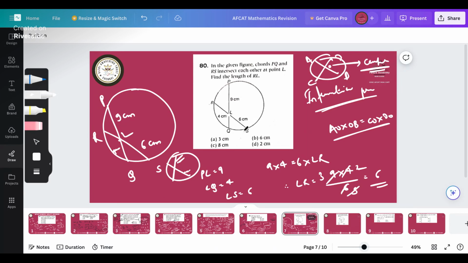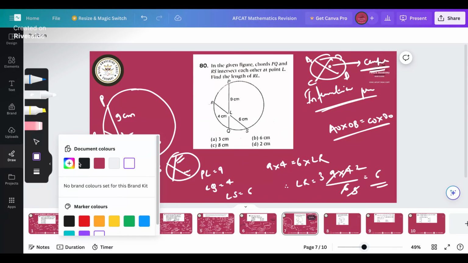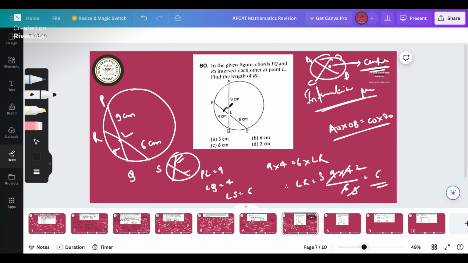And how exactly and from where exactly do we come across this kind of formula, this kind of conclusion? You will realize that this triangle PLR and triangle QLS, these two are similar. I will leave that to you, how exactly you want to find it.